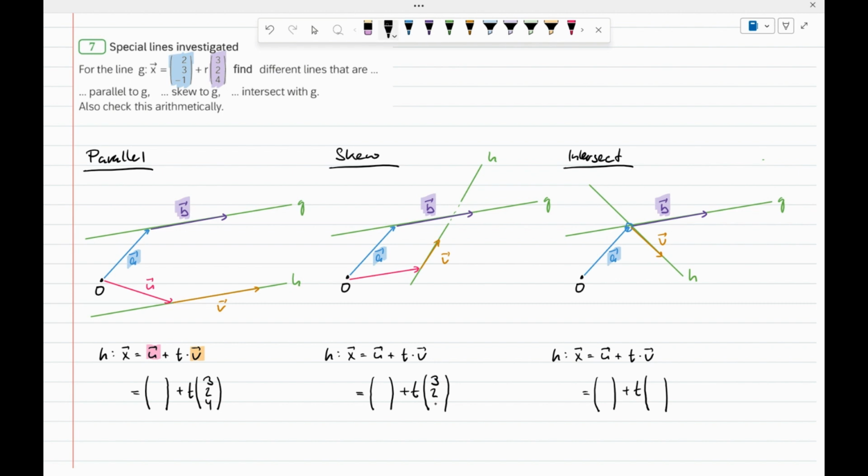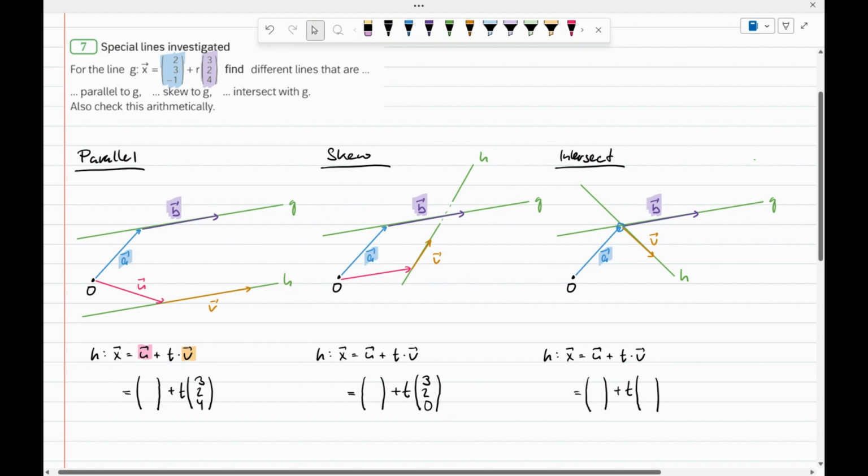We have again 3, 2, and the last component we just put to 0. And also for the intersecting one, we need to make sure that their direction vectors are not collinear. So again, 3, 2, 0, or any other vector that is not collinear. So there are really an infinite amount of choices here.